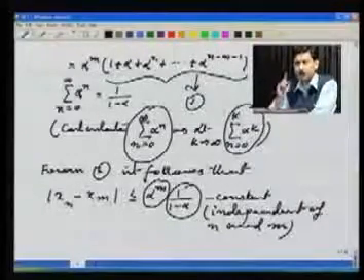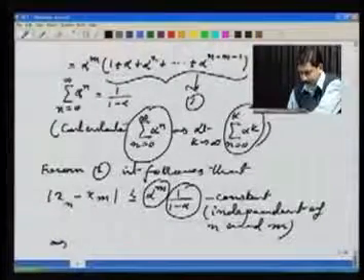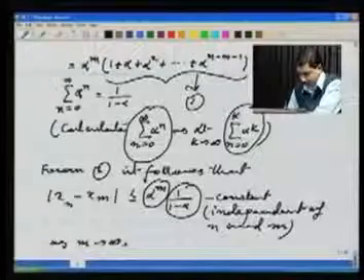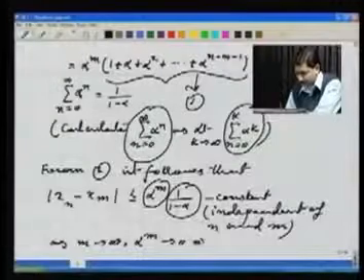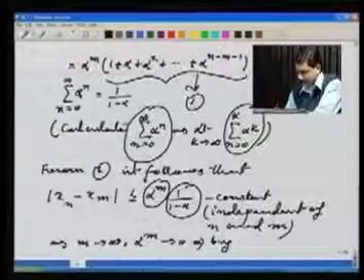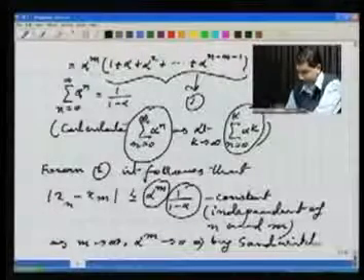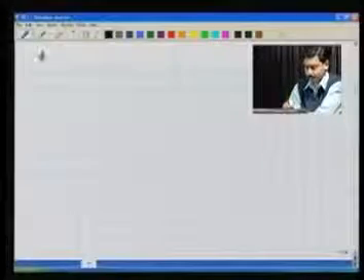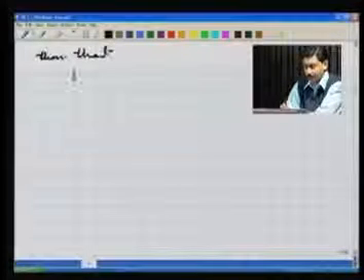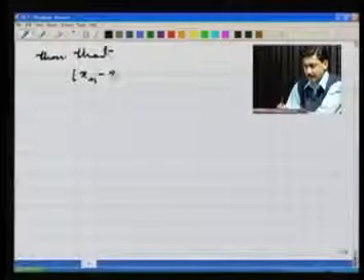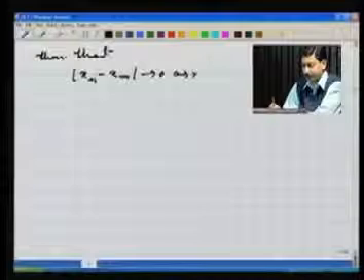And from our previous calculation I know as m goes to infinity, alpha to the power m goes to 0. This implies by sandwich theorem that modulus of xn minus xm goes to 0 as m goes to infinity.